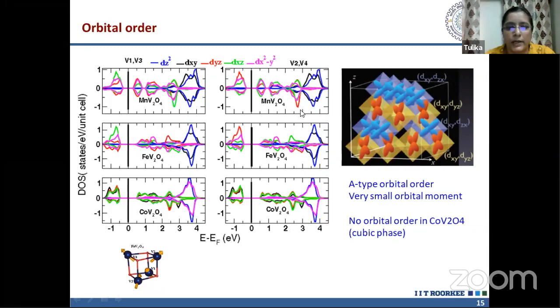So this is more like an A-type orbital ordering, where the dyz and dxz are alternately occupied as we move along the C direction. And for CoV2O4, we considered the cubic phase here, so there is no orbital order seen. This is what we get about the orbital order in the non-collinear magnetic state in the spinel vanadates with the source-free exchange correlation functional.